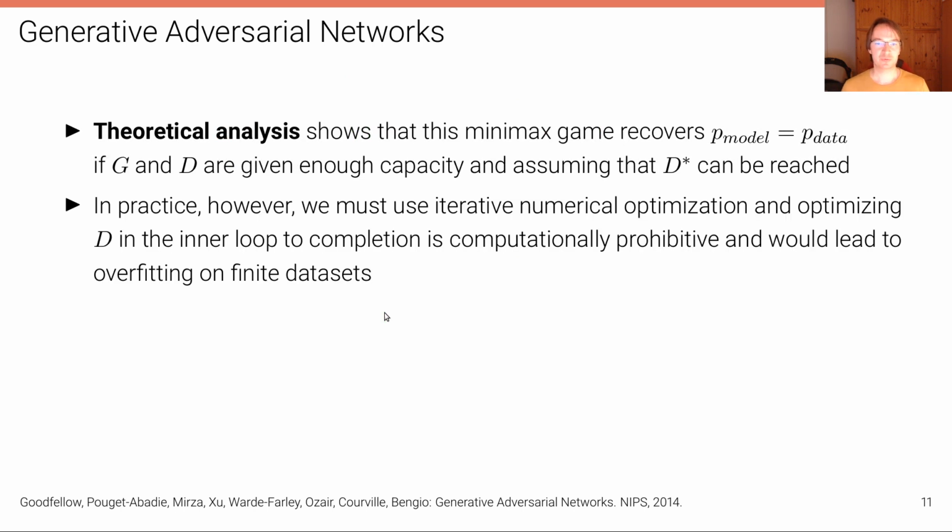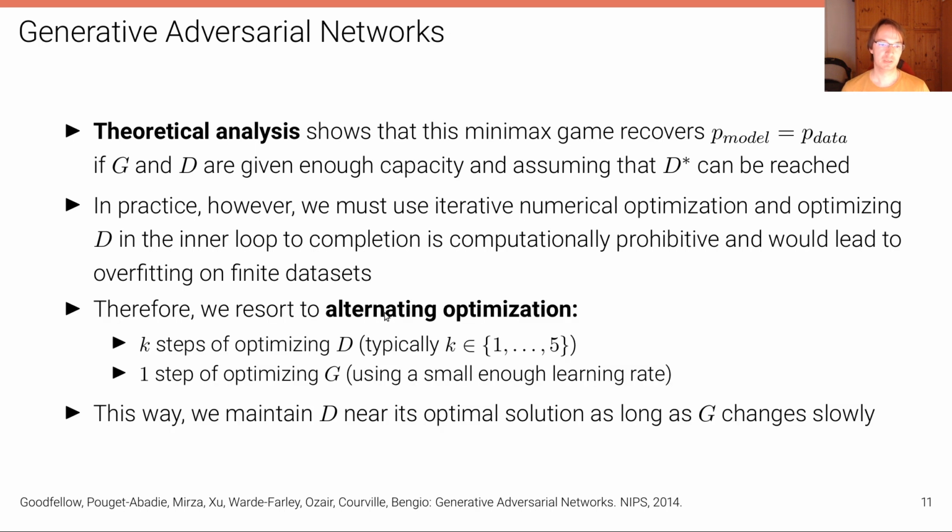In practice, however, we must use an iterative numerical optimization algorithm, and optimizing D in the inner loop to completion is computationally prohibitive and would lead to overfitting on finite data sets. Therefore, what works well in practice is alternating optimization of these two objectives, the minimization and the maximization.